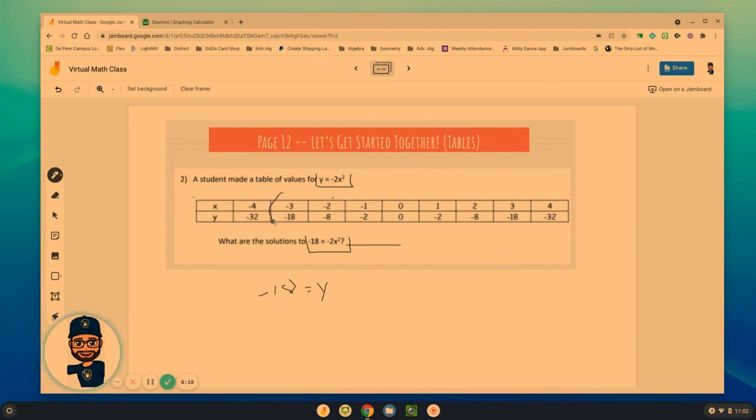We got out a -18 here, and we got out a -18 there. So what were those x values? -3 or 3. -3 or 3 are the solutions, meaning when I plugged those in for x, we got -18.